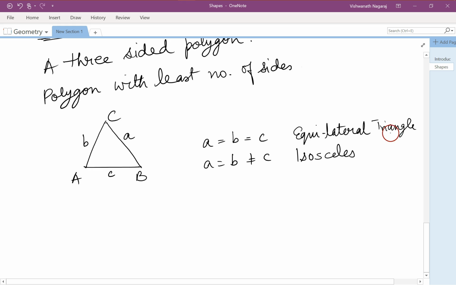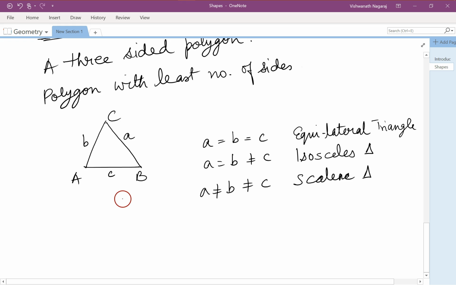Now we don't have to write triangle completely every time. We can just use the symbol of the triangle. When a is not equal to b is not equal to c, that means all the three sides are unequal, then we say it is a scalene triangle. So equilateral triangle, isosceles triangle and scalene triangle.